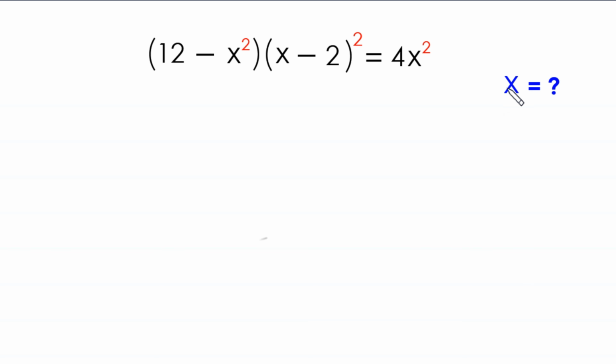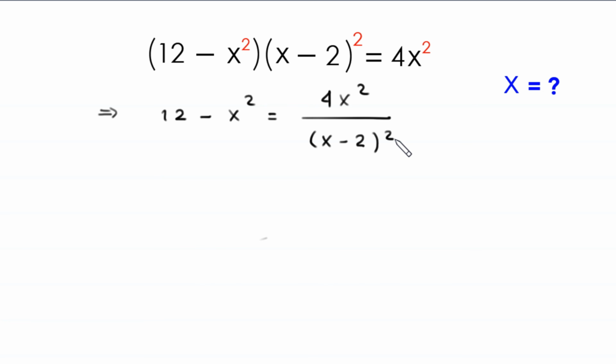So let's start. If we divide both sides by (x - 2)², this implies that (12 - x)² is equal to 4x² divided by (x - 2)².